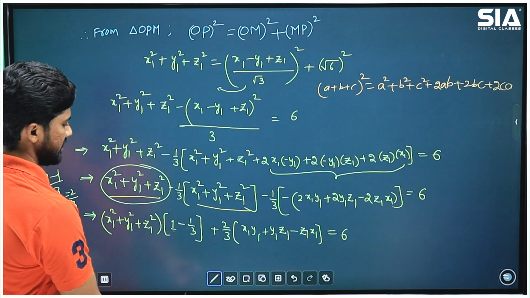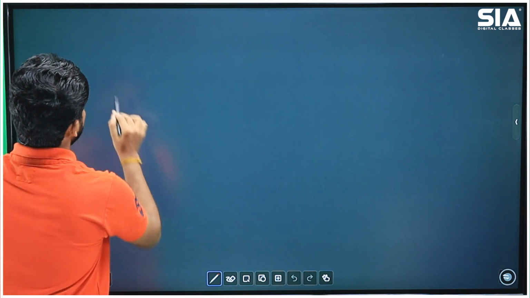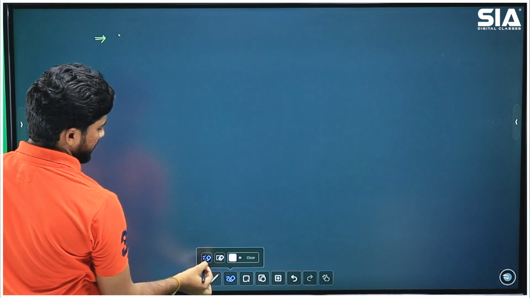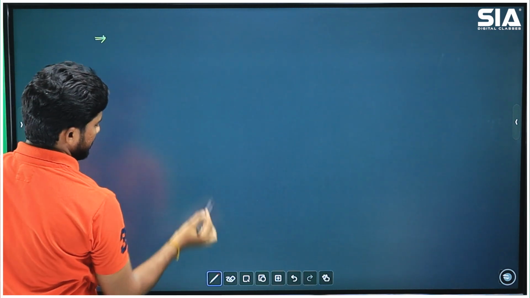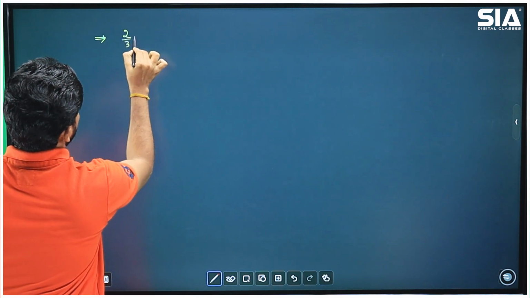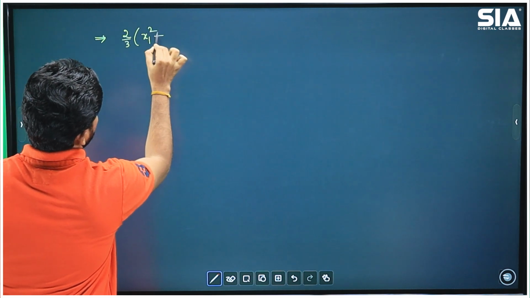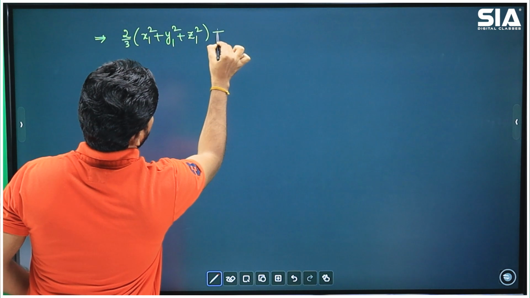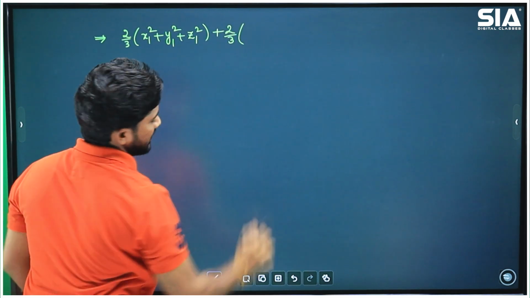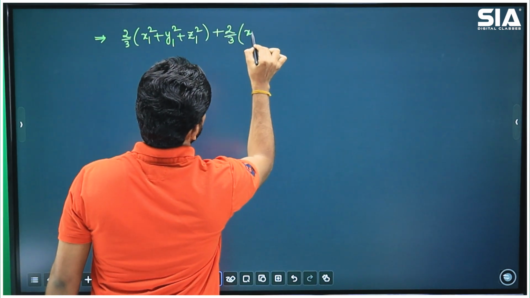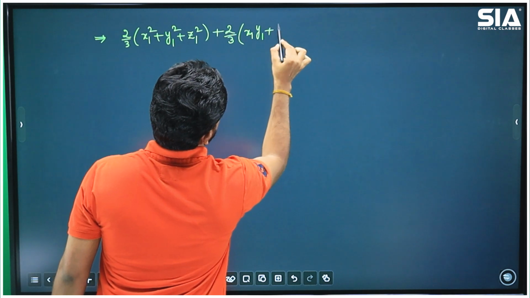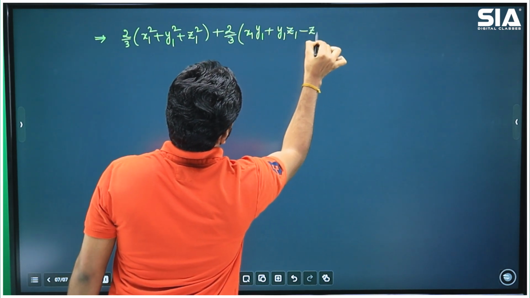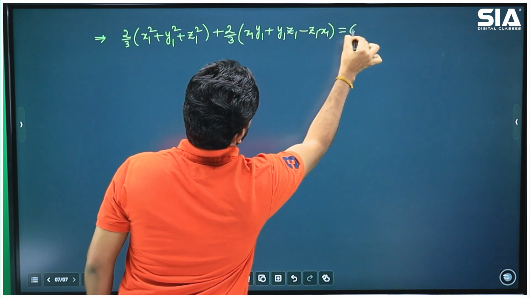I am writing in the next slide. So continuation: x1 squared plus y1 squared plus z1 squared, the LCM value 2 by 3 first, and the second value 2 by 3 again, x1 y1 plus y1 z1 minus z1 x1 equal to 6.